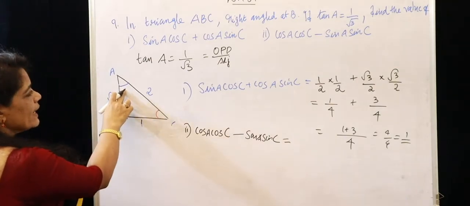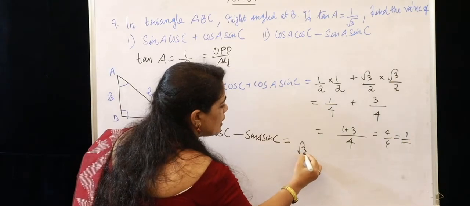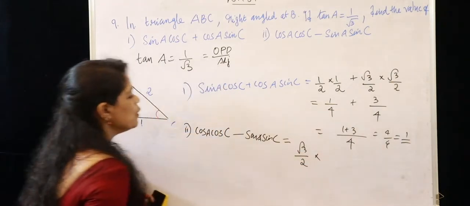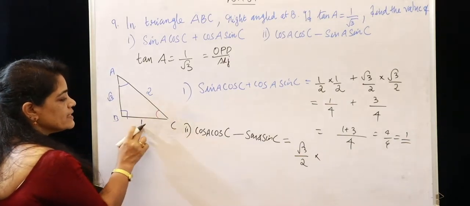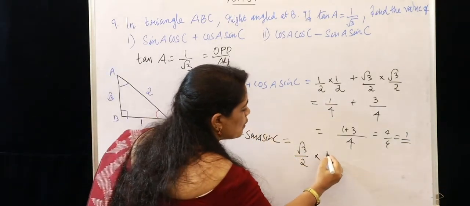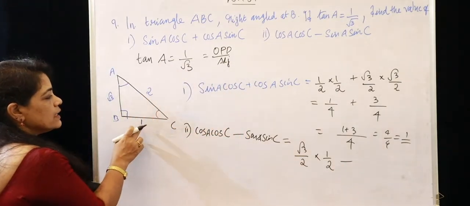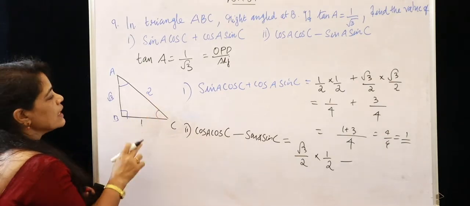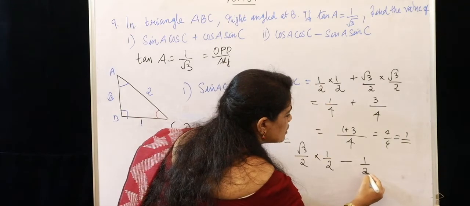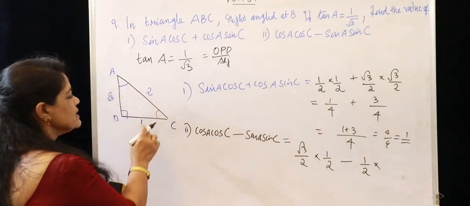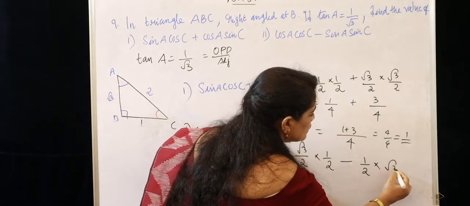With respect to angle A, cos A equal to root 3 by 2, that is root 3 by 2 into cos C. This is angle C, so the adjacent side is 1 by 2. Minus, and what is sin A? Sin A means 1 by 2, into sin C. Sin C is root 3 by 2.